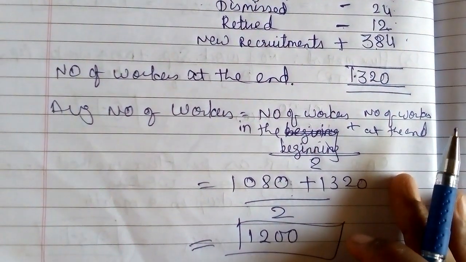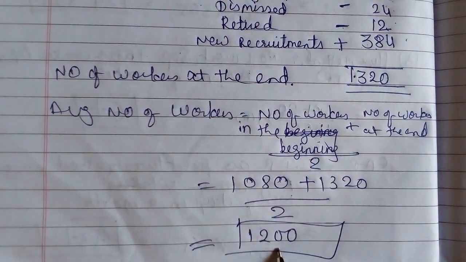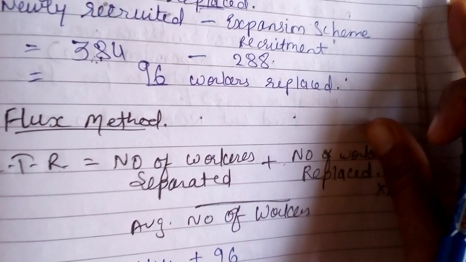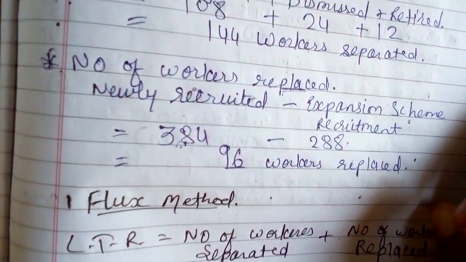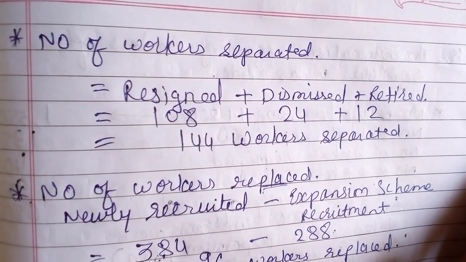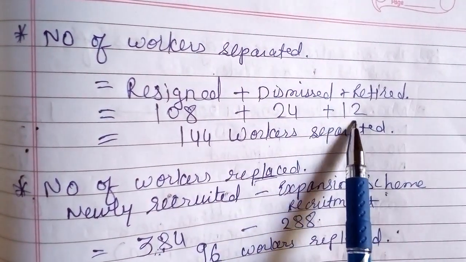Then after finding out number of workers at the end, we can easily calculate average number of workers, that is 1200. After that, as for the flux method, we need both number of workers separated and number of workers replaced, right? So these are the number of workers separated. See, resigned, dismissed and retired, 108, 24 and 12.